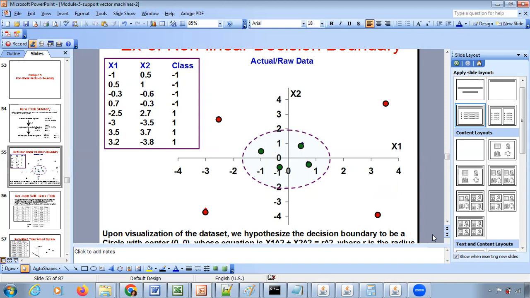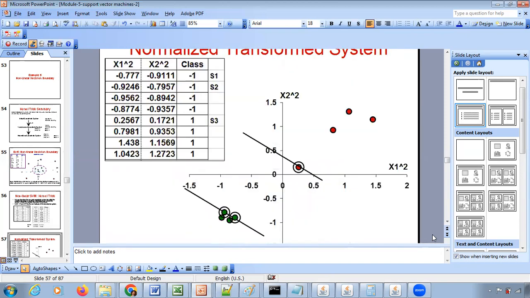But when you have a data set where the decision boundary looks nonlinear, we need to do some kind of transformation of the features, so that if you plot the transformed features, it looks like there's a linear decision boundary separating the two classes. That's what you call the kernel trick.